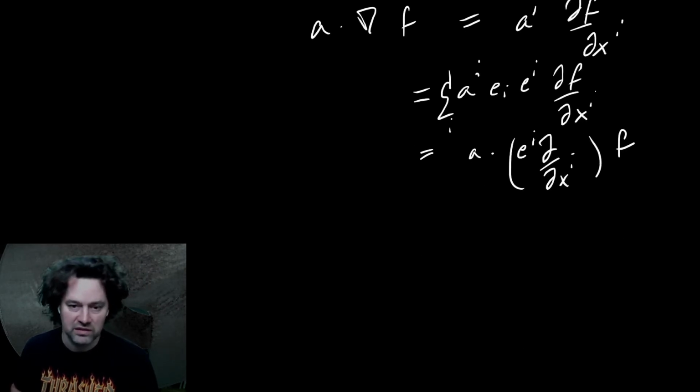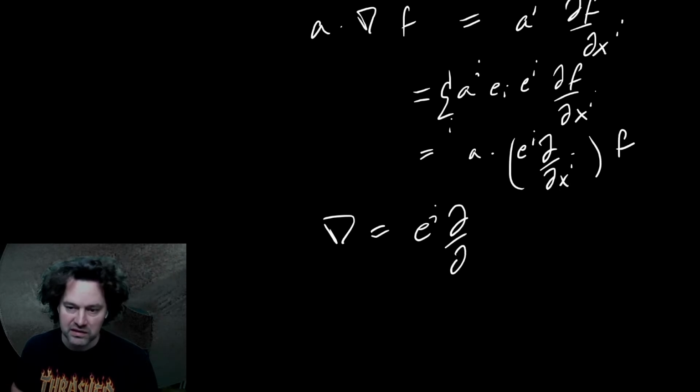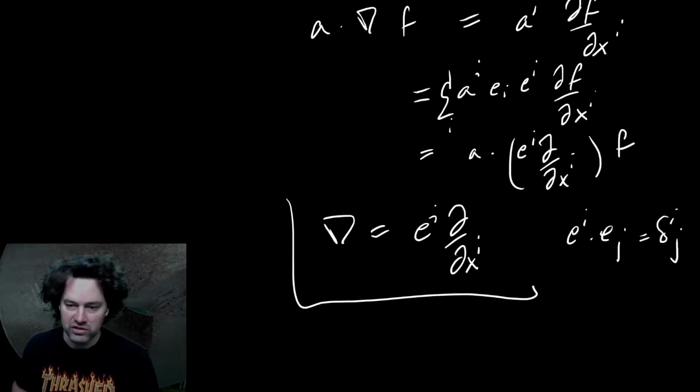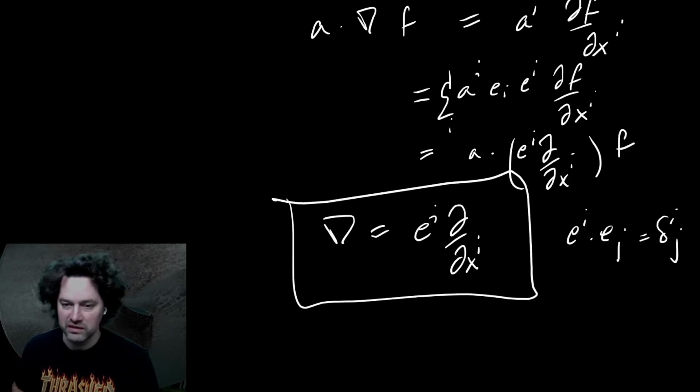This shows us that the representation of the gradient is e upper i d dxi, where ei dotted with ej is delta ij. This is a general representation of the gradient for non-Euclidean spaces.